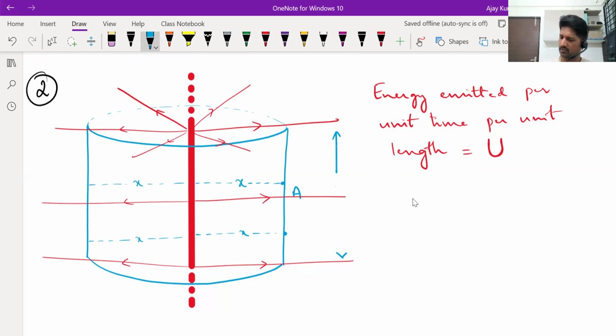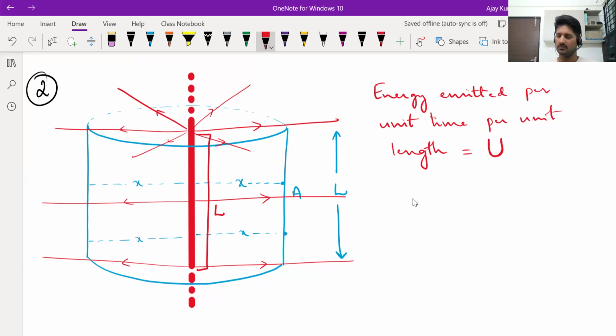The source is infinitely long, but some part of it is enclosed in this cylindrical surface. That source length will also be L itself. Cylinder length is L, then the length of the source trapped inside it will also be L.